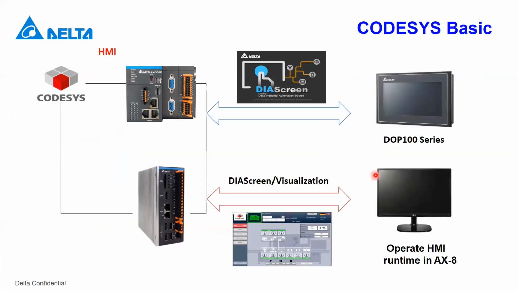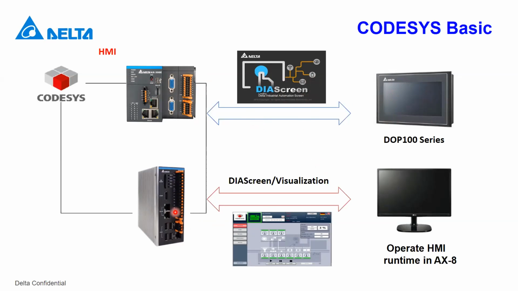Okay, and this page I think I already emphasized several times. So you can see for the CODESYS platform and controller, we have the AX3 and the AX8. For AX3, definitely this one can connect only to the HMI, so we can use a DIAScreen.